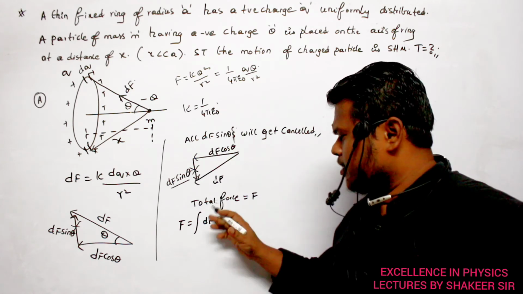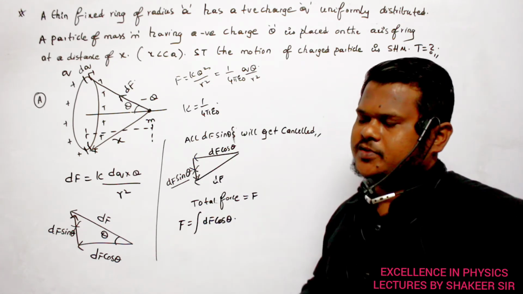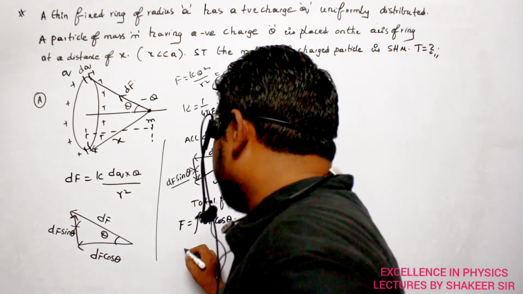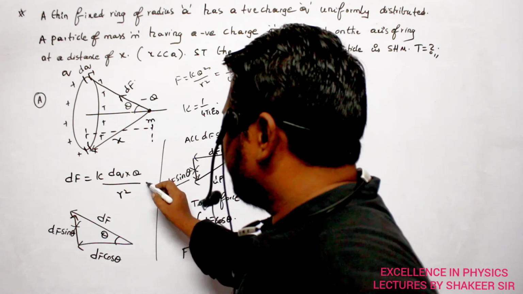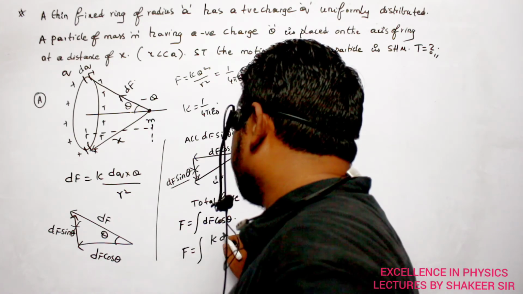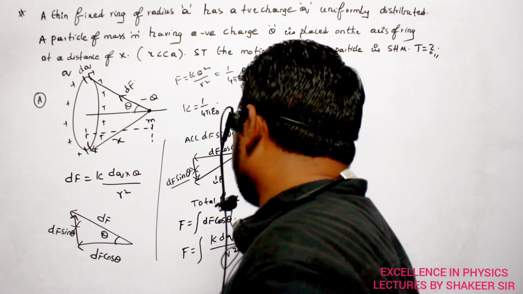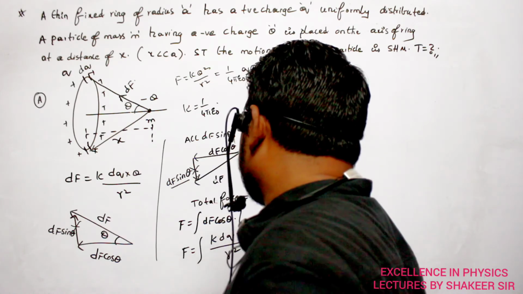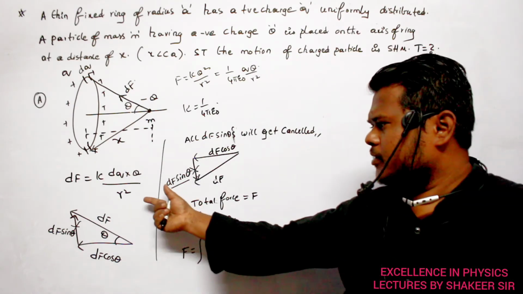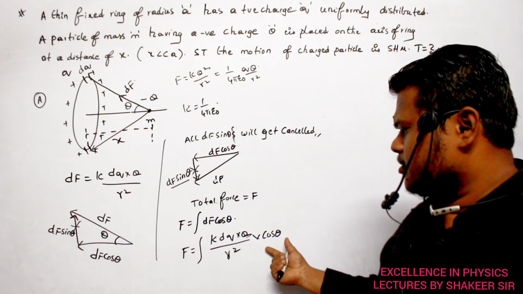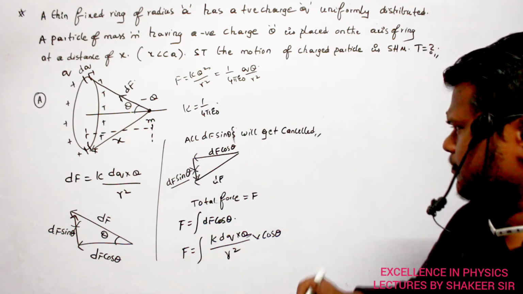So addition of all df cos thetas will give the total force F. So F can be written as integration of k dq into q divided by r square multiplied by cos theta. Df value we have already written, and cos theta is the extra term we got. If you integrate this term, I will get the total force.